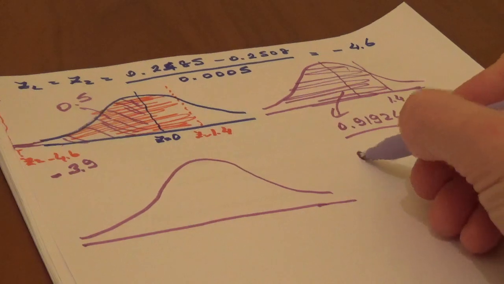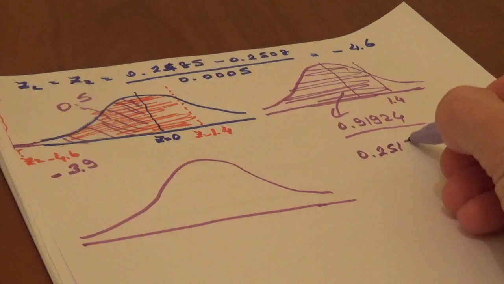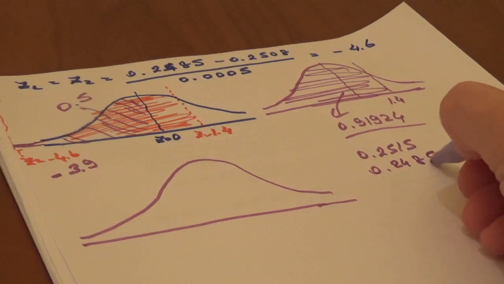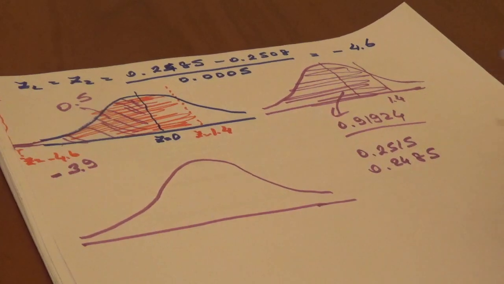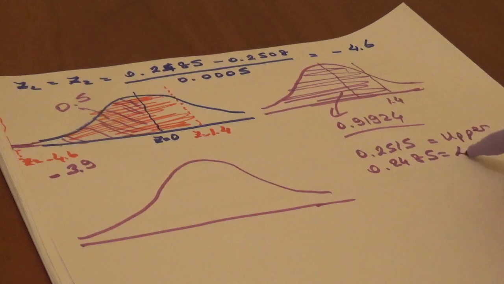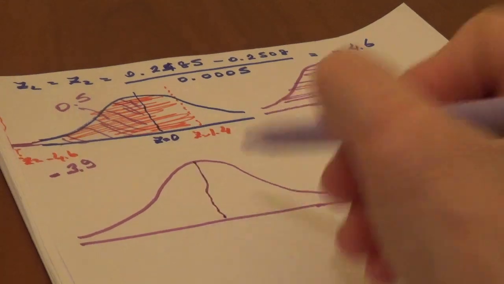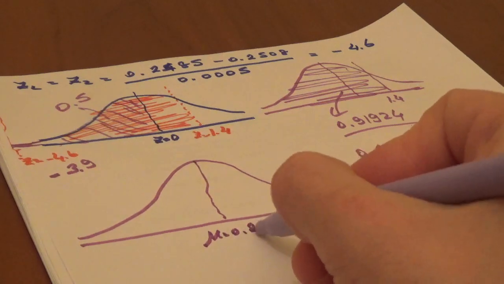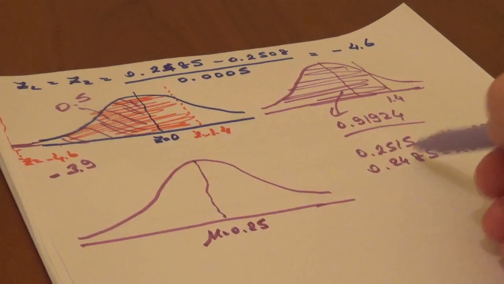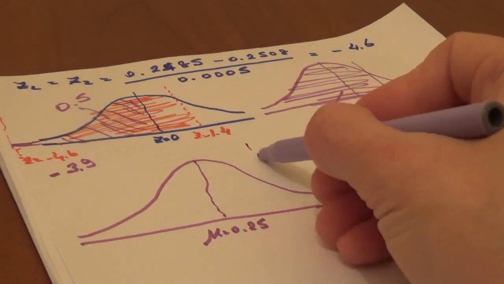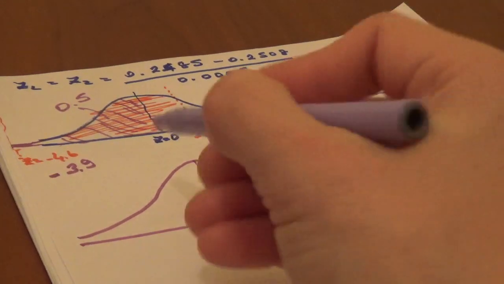They were 0.2515 and 0.2485. That was upper and this was lower limits. And let's say that mu is equal to 0.25. So these values will be the same distance from the average.